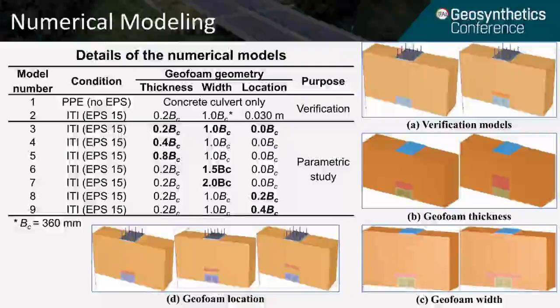We also investigated the width of the geofoam. So we have 1 BC, 1.5 BC, and 2 BC, shown in the figure that shows the way that we simulated it. And also we investigated the location of the geofoam. So we moved the geofoam layer higher than the culvert by 0 BC, then by 0.2 BC, and then by 0.4 BC above the culvert.